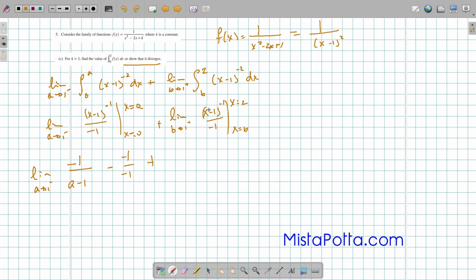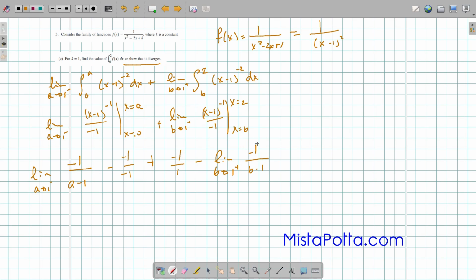This is going to be 2 minus 1, which is 1 to the negative 1. So I'm going to have negative 1 over 1, minus the limit as b approaches 1 from the right, substituting b in here, this is going to be b minus 1 in the denominator, and negative 1 here. So this is going to be negative 1 over b minus 1.